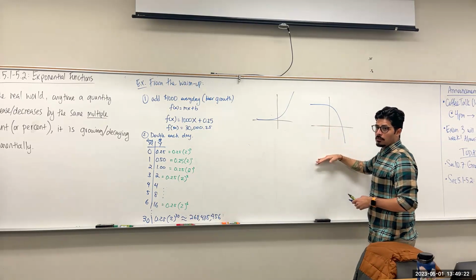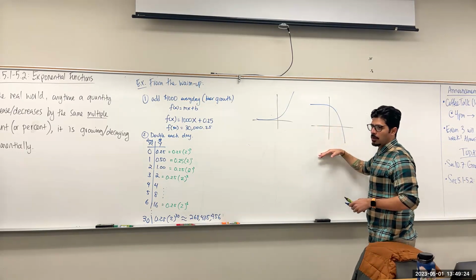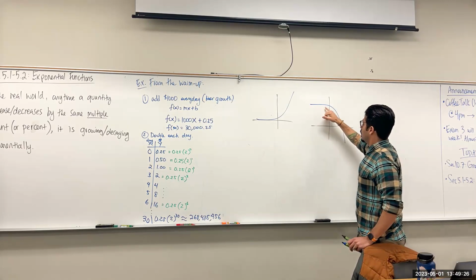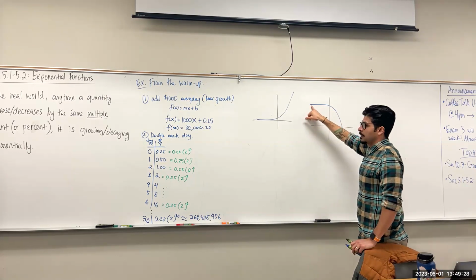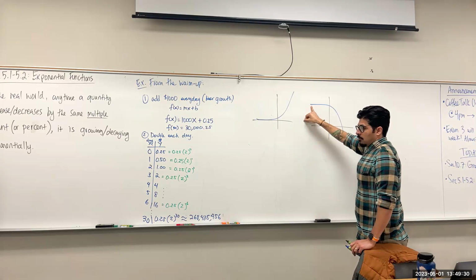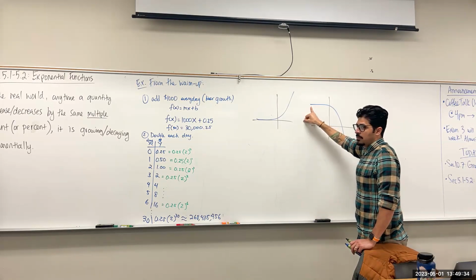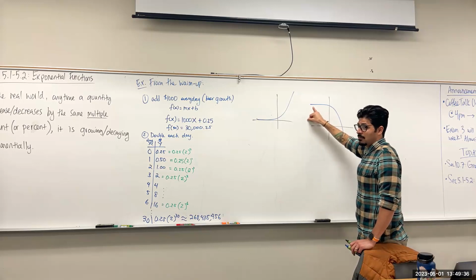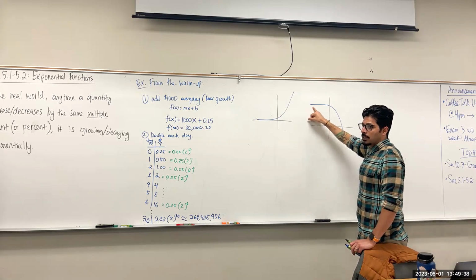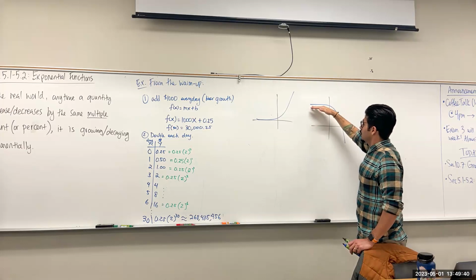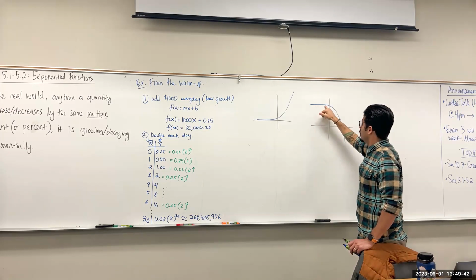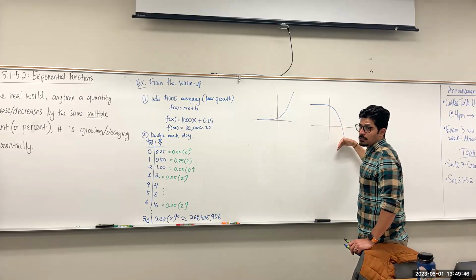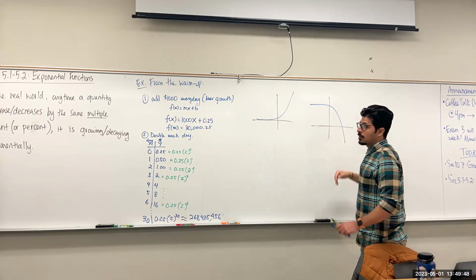It's a little harder for the below part, but a graph like this could be, like, a population dying off, a virus. The population is pretty stable, and then something occurred so that now the population is decreasing exponentially fast. So it'd be going this way.